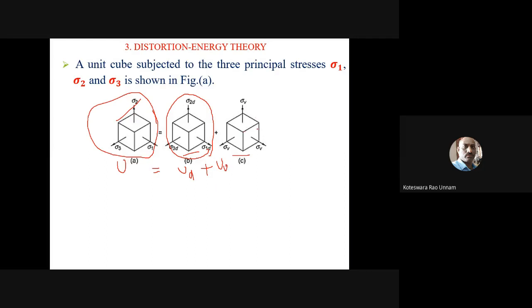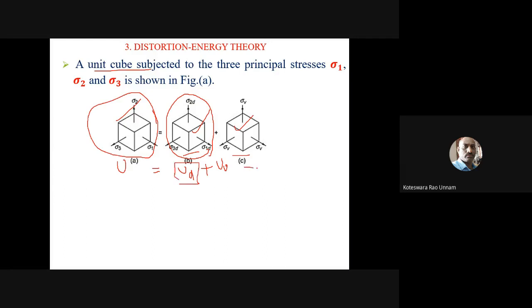Here only volume is changing, but there is no change in the shape. Here there is no volumetric change, but the shape is distorting. Since the distortion of shape is there, energy is stored here and also here. But for our design criteria, we require this UD.